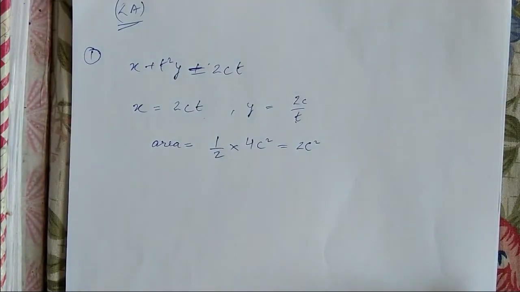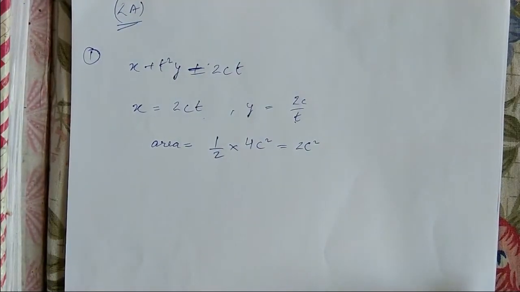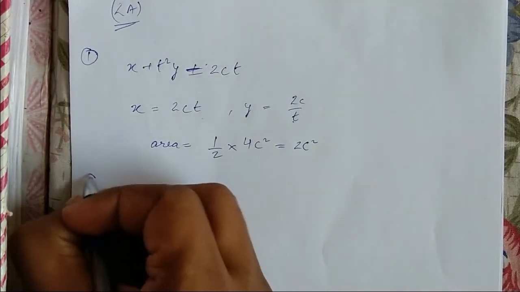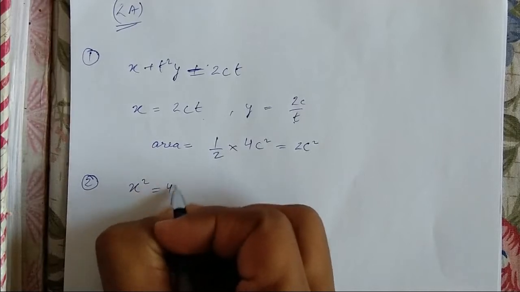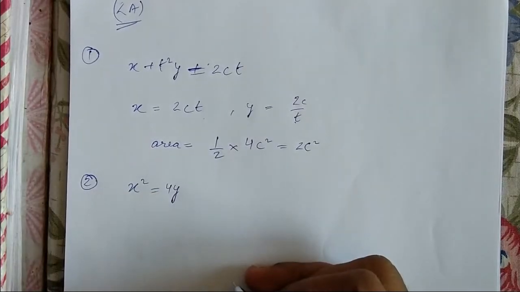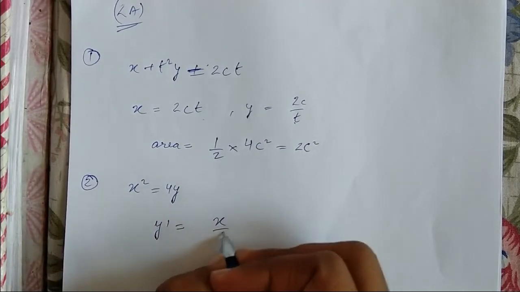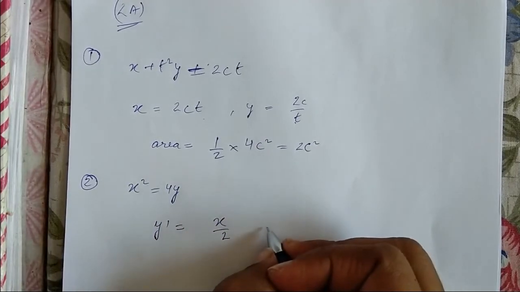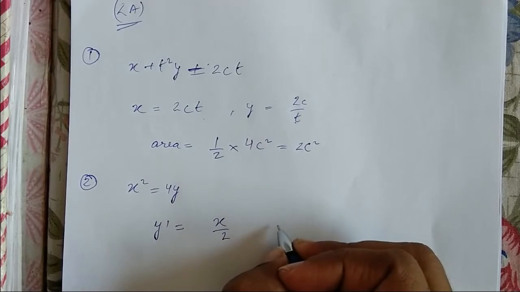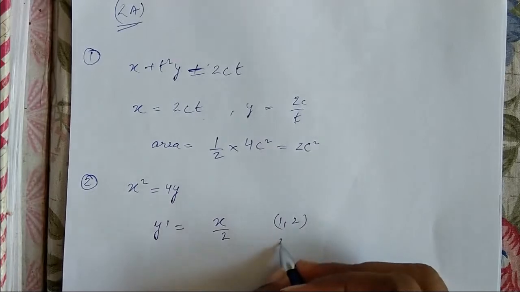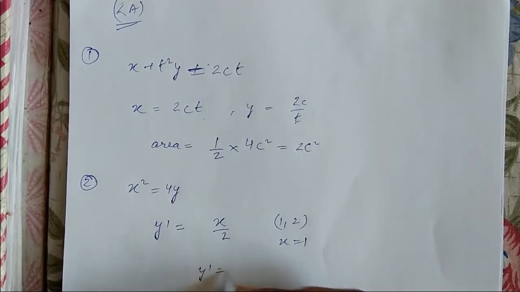Okay, moving on to question number 2. The equation of normal to the curve x square is equal to 4y, which passes through the point 1 comma 2. Calculating y dash, we get y dash equal to x by 2, and at x is equal to 1, so y dash will be half.